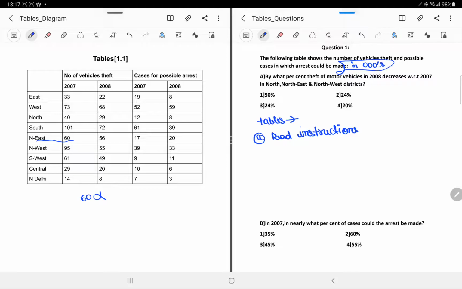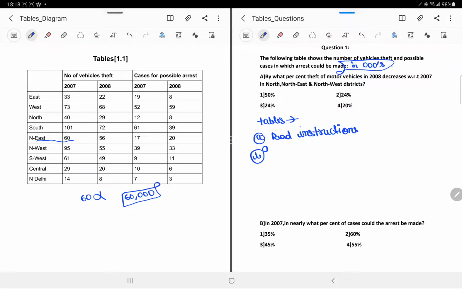The actual number of vehicles stolen was 60,000. So you always need to read what information is actually given to you in the table and what the units are. The major issue is with the units, so you need to take care of that.